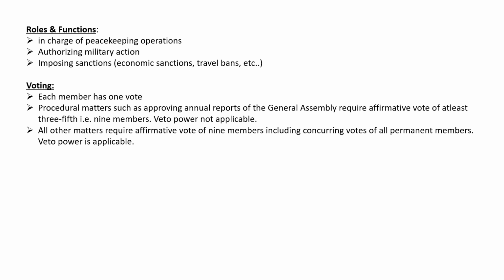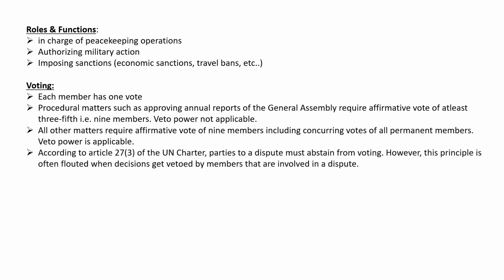So we see that veto power is applicable in case of non-procedural matters. However, if a P5 country, that is a permanent member of the Security Council, abstains from voting, it is not counted as veto.